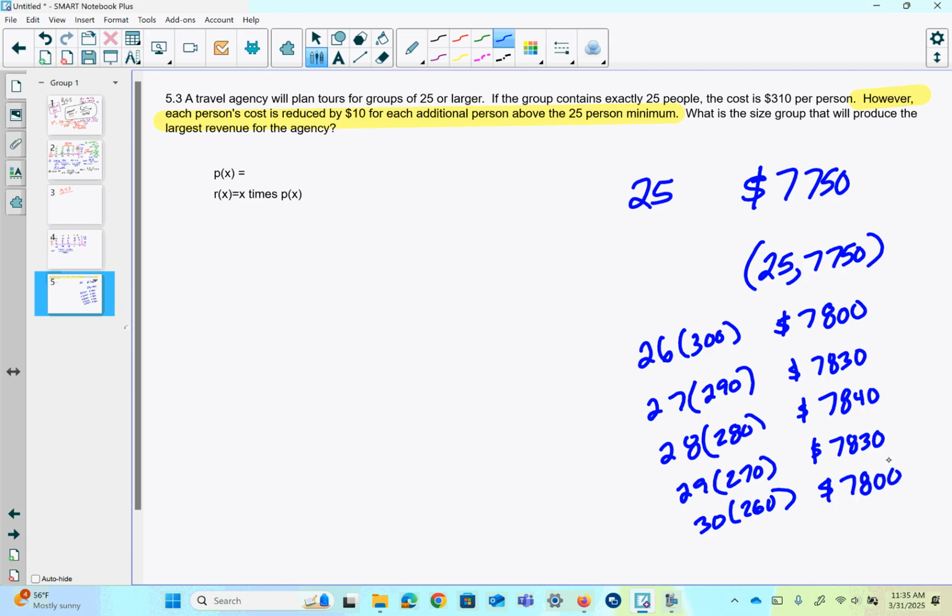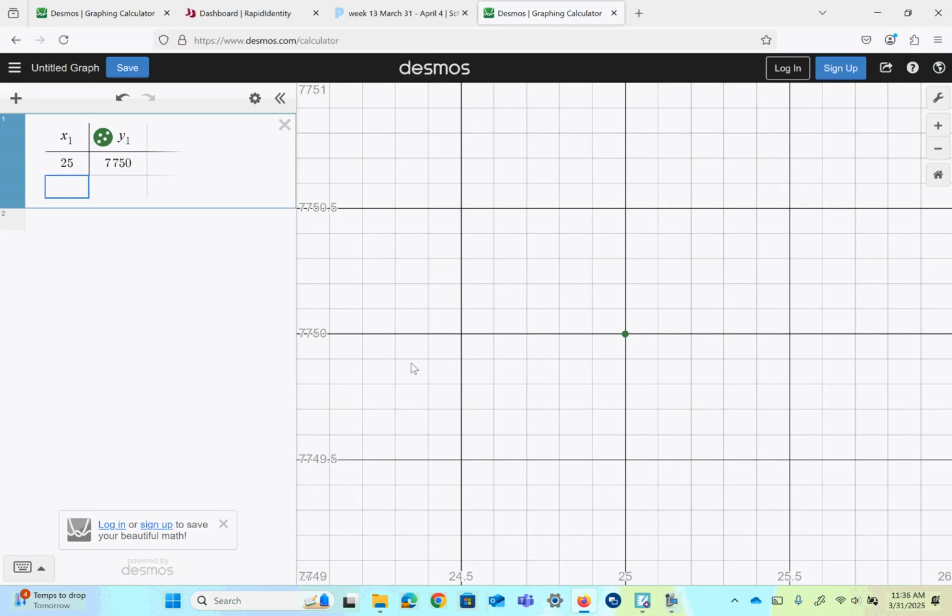Okay, so let me write these down and then put them into Desmos and see if we can start deciphering what's really taking place. 25 is 7,750. 26 is at 7,800. 27 is at 7,830. 28 is at 7,840. 29 is at 7,830. And 30 is at 7,800. Let's take a look at what this will look like on Desmos and see if this can help us out.